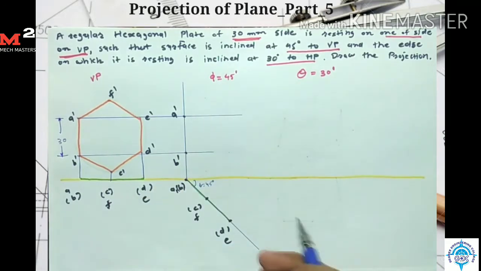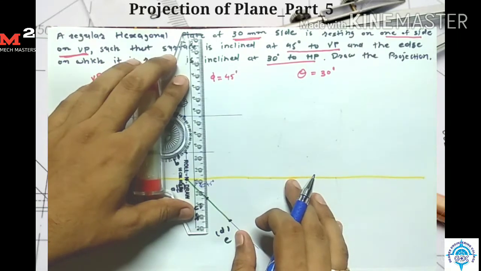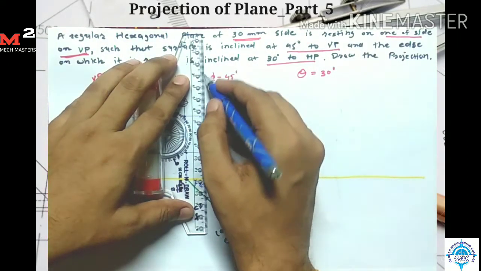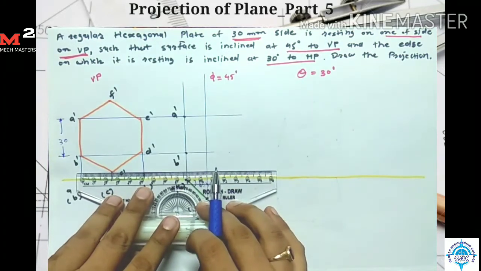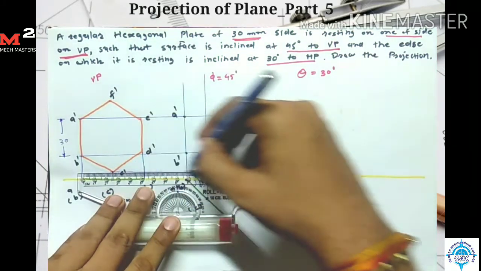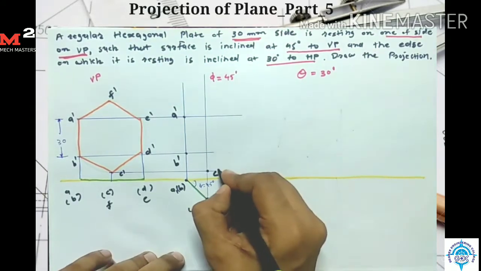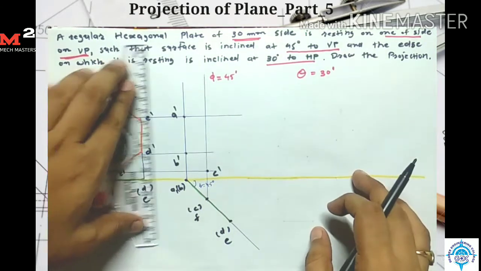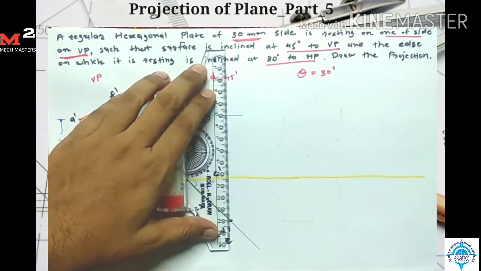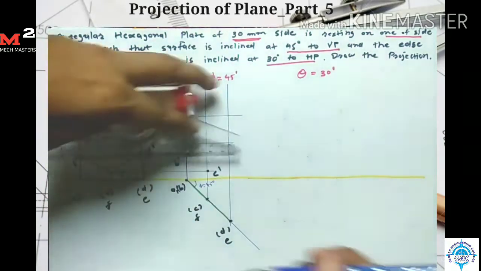Now for point C dash, I take the projection from here and from here. So here I get my point C dash. Now for point D, I take the projection from here and from here.